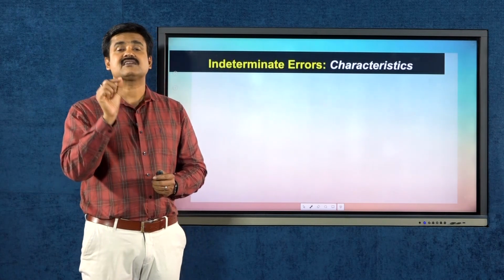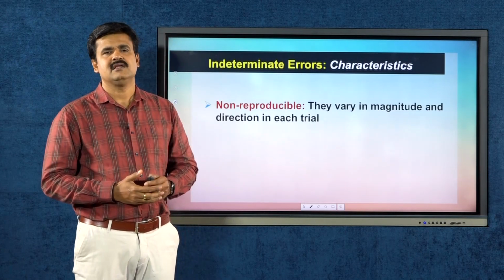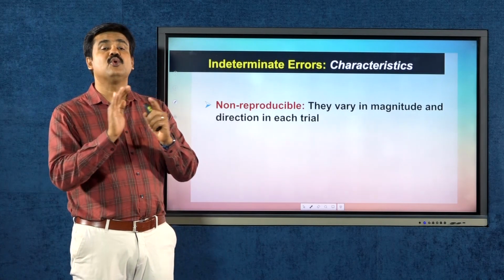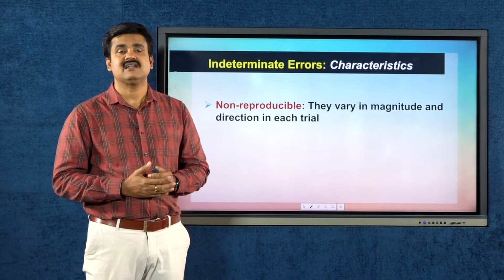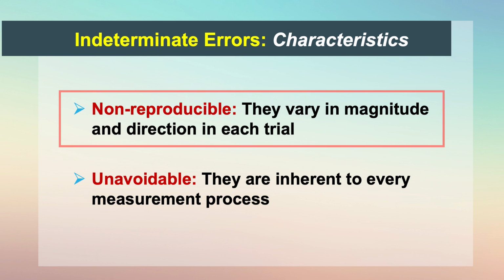Now, characteristic features of indeterminate errors are shown here. First one, these kinds of errors are non-reproducible. We learned that determinate errors are reproducible. However, indeterminate errors are non-reproducible. They vary in magnitude and direction in each trial.